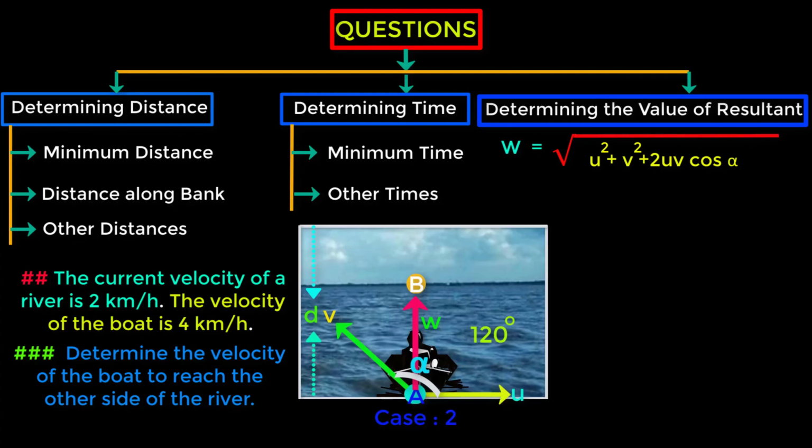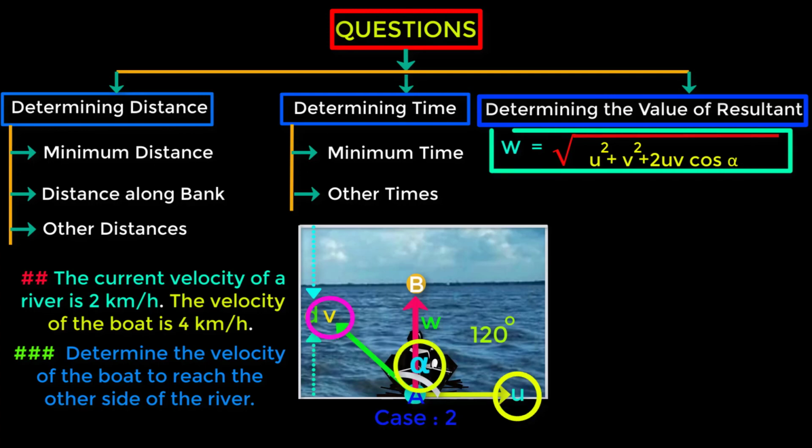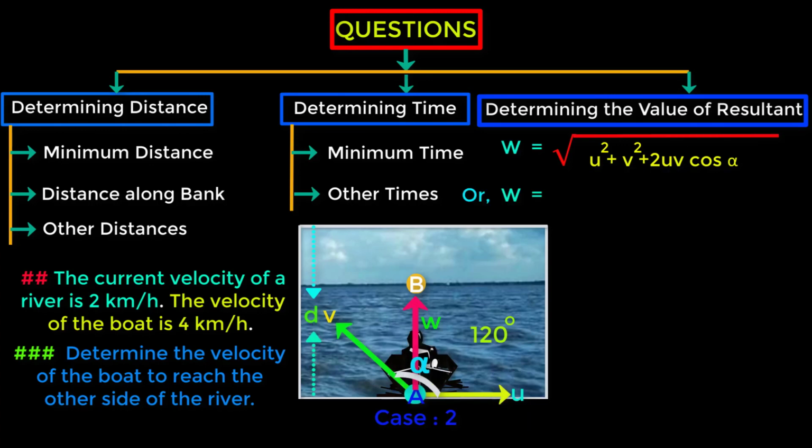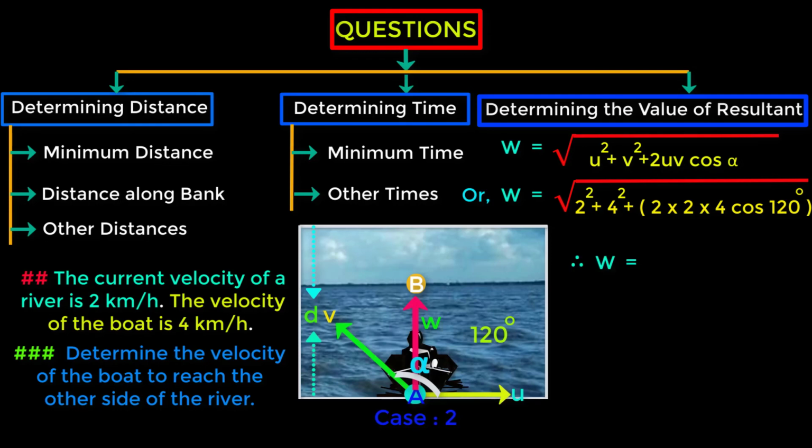If we put the value of u, v and alpha in this formula, then we will get W equals square root 2 square plus 4 square plus 2 times 2 times 4 cos 120 degrees. Therefore, W equals 3.46 km per hour. That means the boat will reach the opposite side at 3.46 km per hour with resultant velocity. And this is our answer.